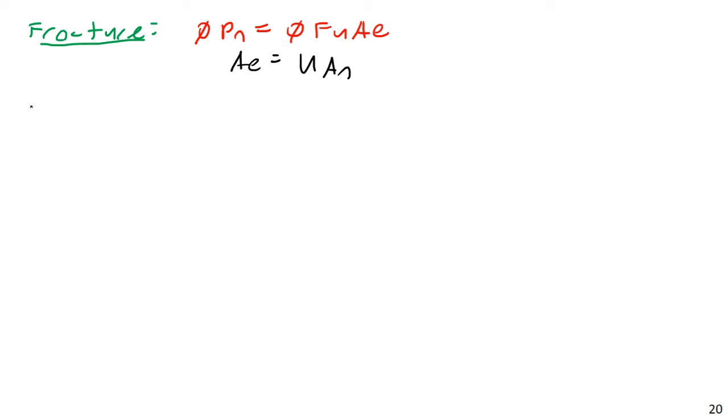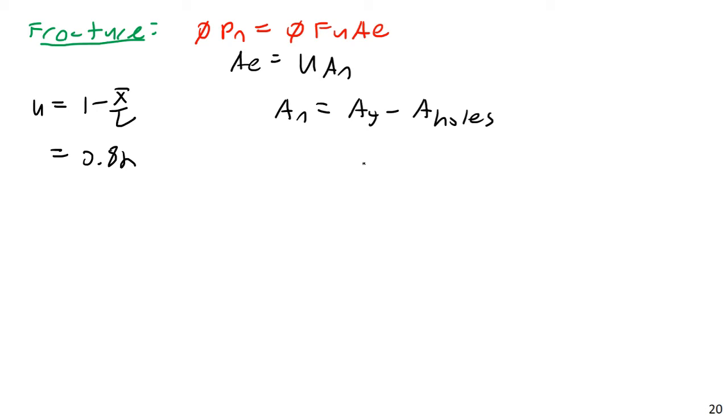Then, again, U, we've already calculated that previously. That is 1 minus x bar over L, and we calculated that as equal to 0.82. Then An is equal to Ag minus area of the holes. So the gross cross-sectional area minus the area of any holes present.